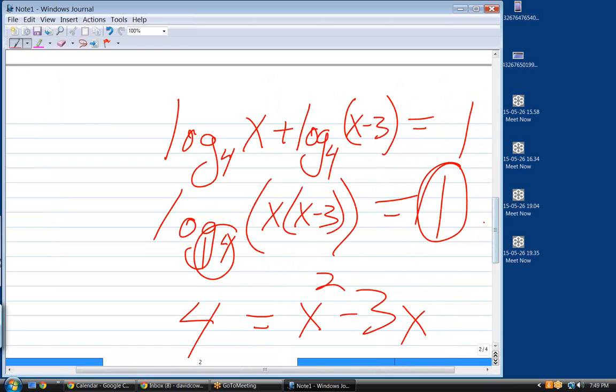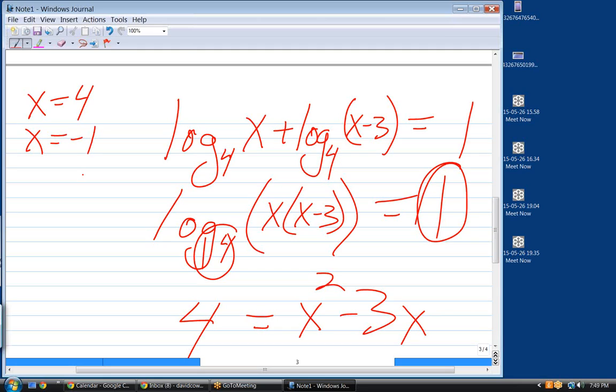We got x equals 4, or x equals minus 1. Can x be equal to minus 1? No, you cannot take the log of a negative number. You can't even take the log of 0. So if one of these solutions violates the domain, then you throw it out and you only have one solution, x equals 4.